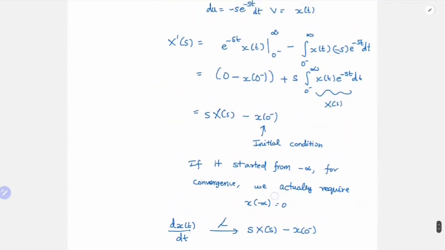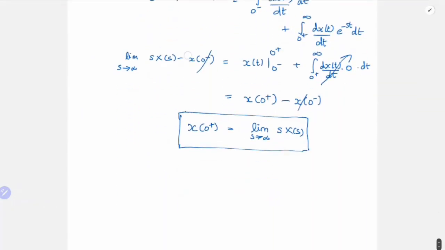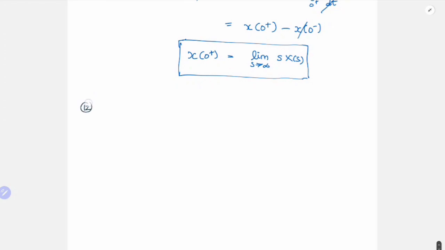Okay. So my next property is the final value theorem. We saw the initial value theorem, where x of 0 plus, the initial value of x of t, is dependent on the Laplace transform multiplied with s when we tend s to infinity. The final value theorem is also similar to that. Only the 0 and infinity will change.